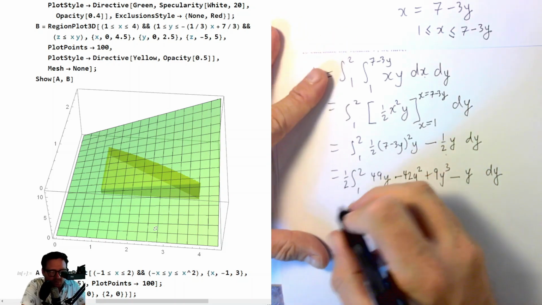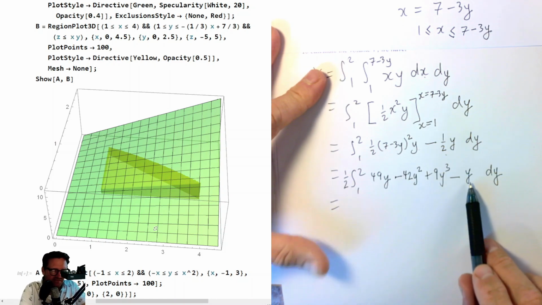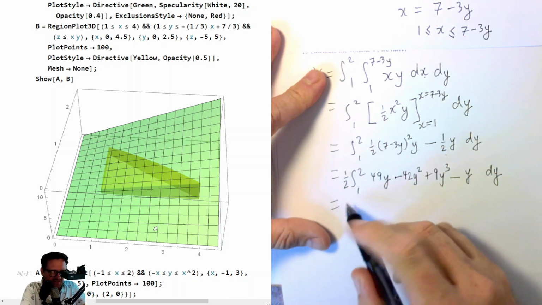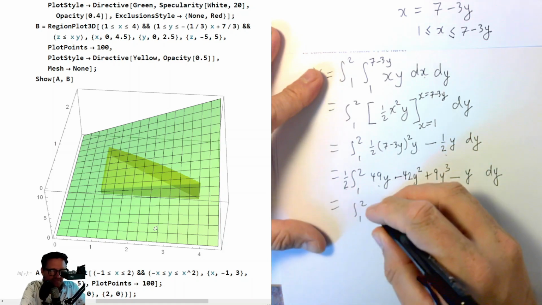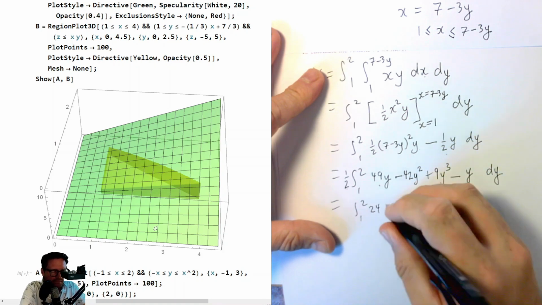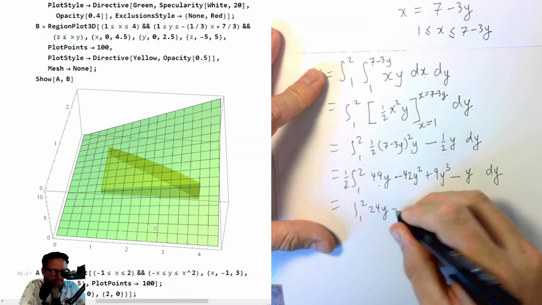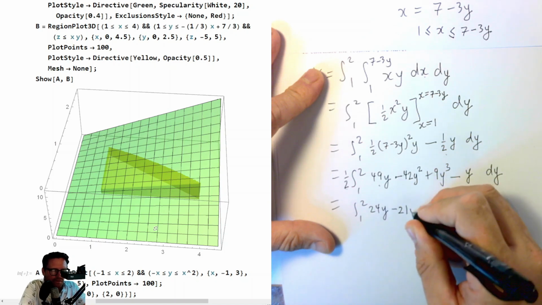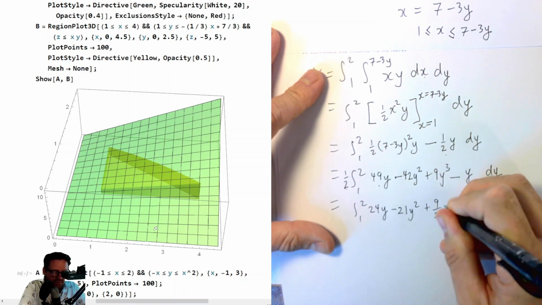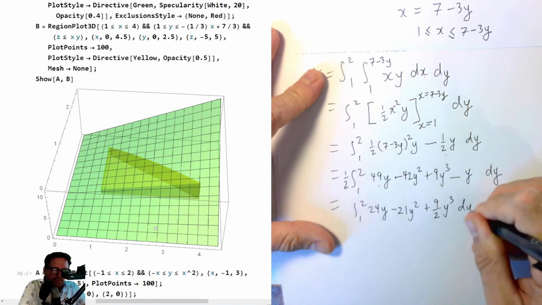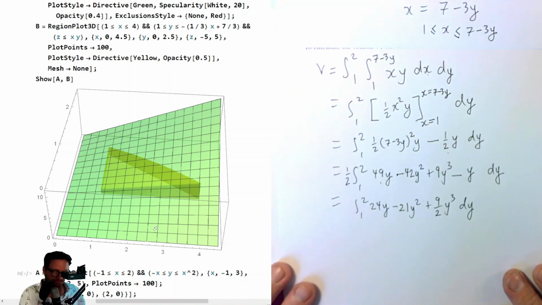Okay, so we can do a little bit more simplifying before we integrate. So 49 minus 1 is 48. If we divide that by 2, taking that half back in, half of 48 is 24. Okay, half of 42 is 21. And then half of 9 is 9/2. All right, so we now have a fairly simple integral to calculate.